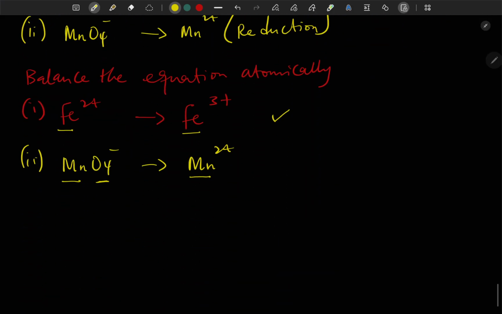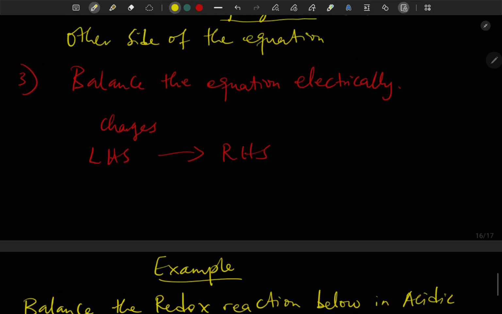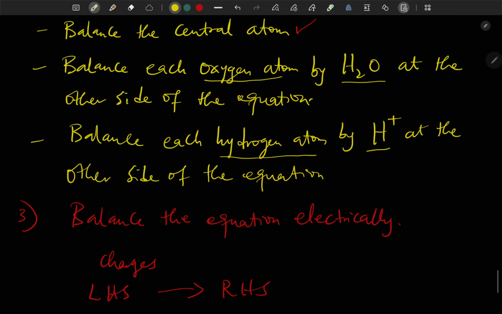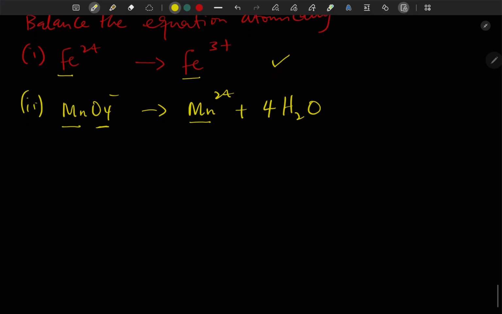So how many oxygen atoms do we have here? We have 4 oxygen atoms. So to balance it, we are going to add 4 moles of H2O at the other side, because it says balance each oxygen atom by H2O.